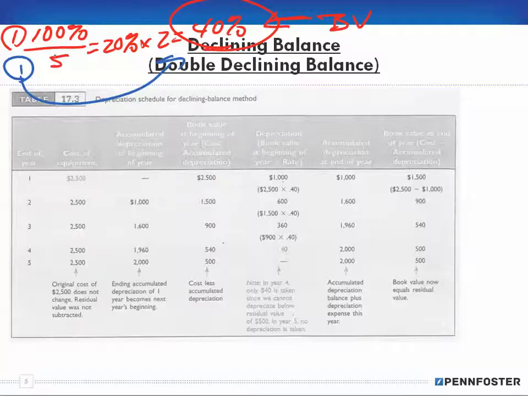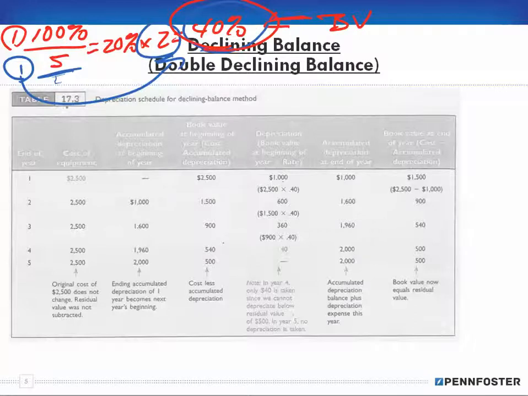And your rate, you determine it by taking 100% less what you decide for the years in useful life, and then multiplying it times a factor, and that factor is thought of as a number that accelerates, increasing acceleration of depreciation all the way up to a factor of 2, which is the most that you can take. And in this case here, based upon 5 years and a factor of 2, I end up with a rate of 40%.